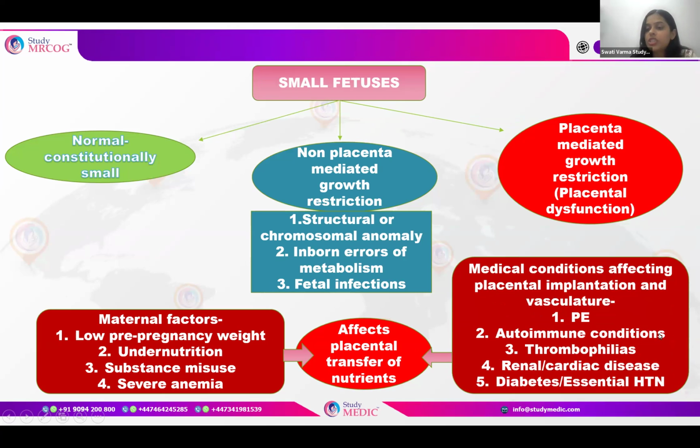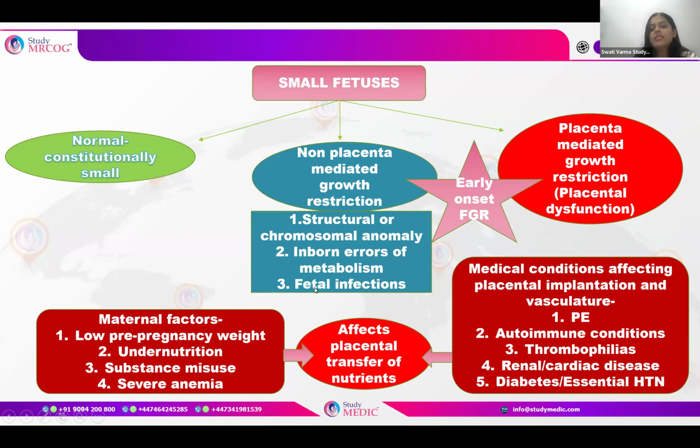Any autoimmune conditions which again aggravate the condition of preeclampsia, or independently they cause placental dysfunction. Any thrombophilias, renal or cardiac disease, diabetes and essential hypertension. All these are risk factors for impaired placental transfer of nutrients, and hence it may be responsible for a small fetus because of placental dysfunction. So you have to clearly think whether it is non-placental mediated or placental mediated.